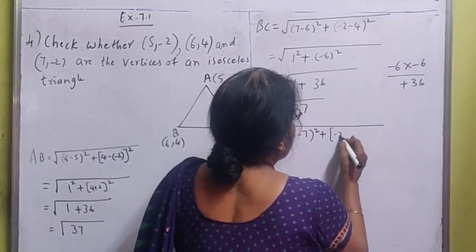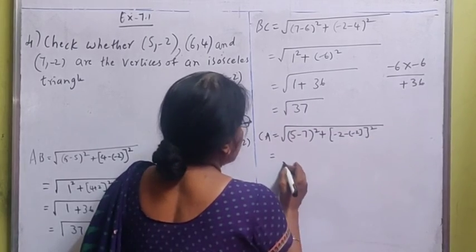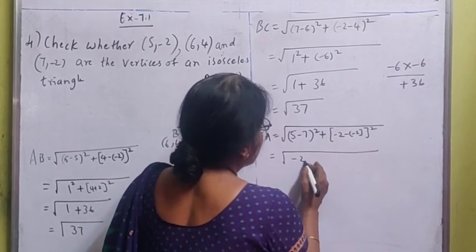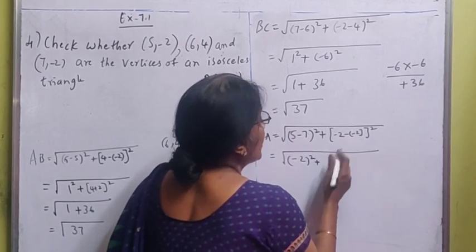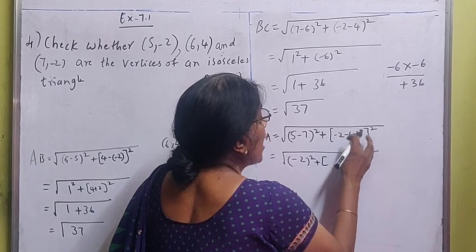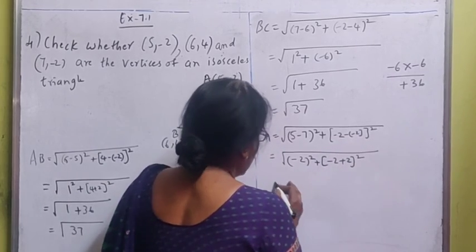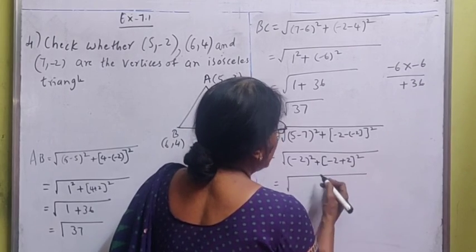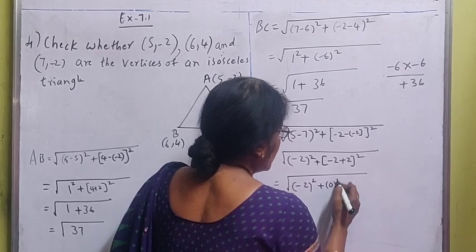So what will we get? (5 minus 7) is minus 2, the whole square. Bigger number is 7, so it is minus. Then (minus 2 minus of minus 2), so minus 2 plus 2, whole square. Minus 2 plus 2 is 0. So we get minus 2 the whole square plus 0 the whole square.